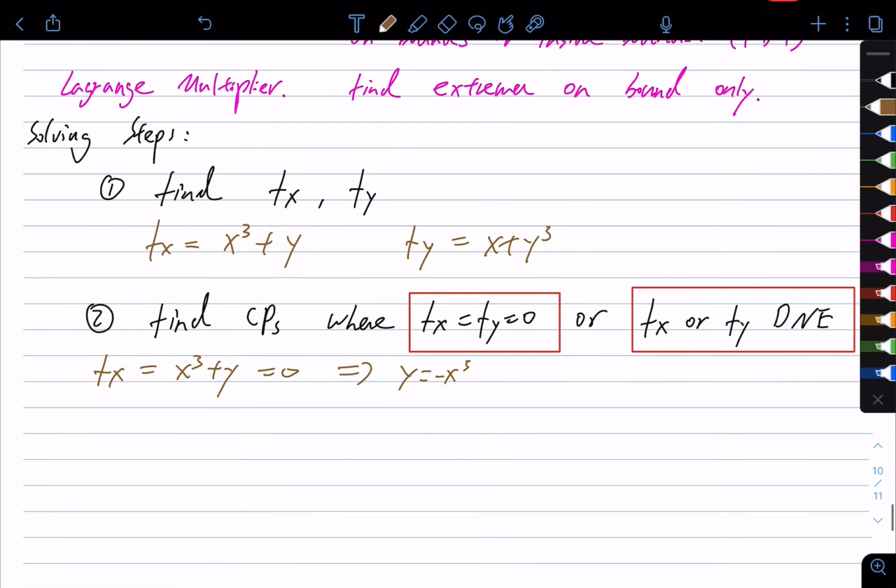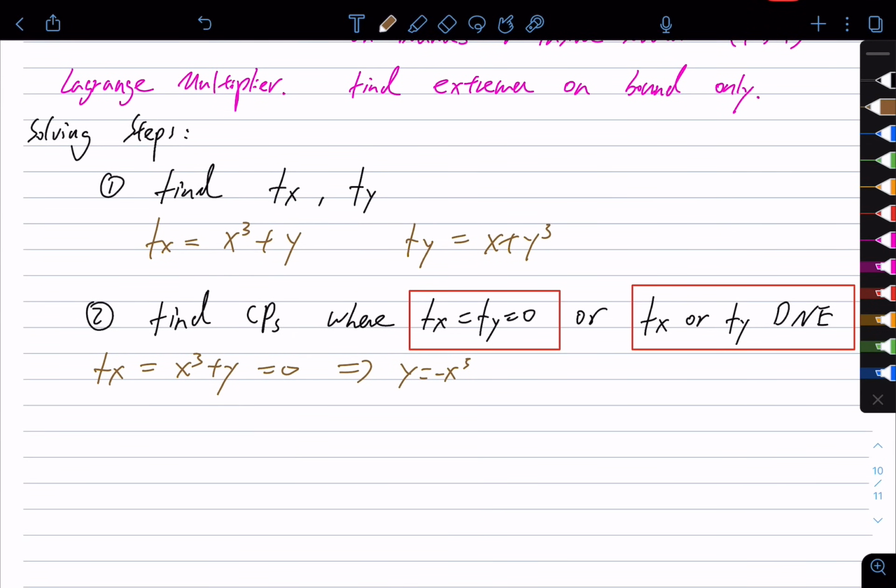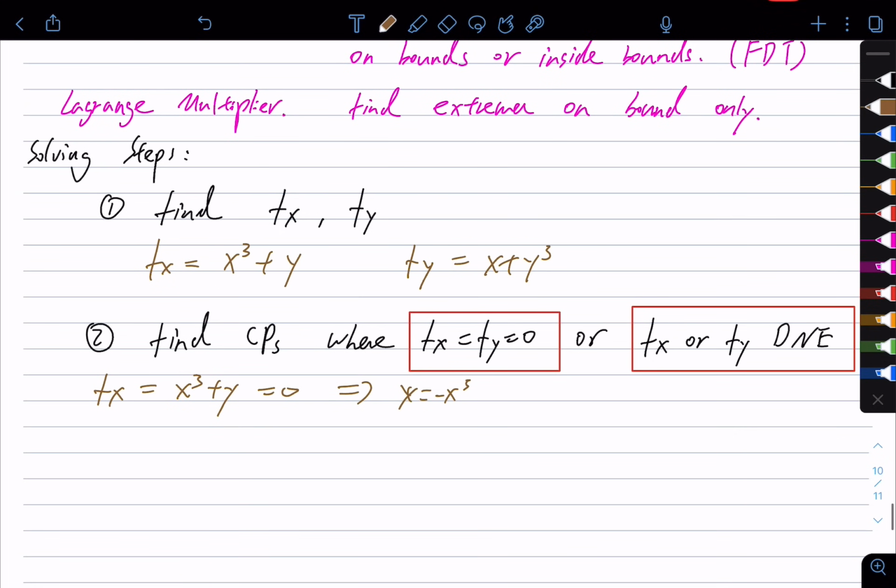Let me set this as equation number 1. We can then sub this y into our fy. Sub 1 into fy, and then we get fy equals x plus x minus x to the ninth equals 0.